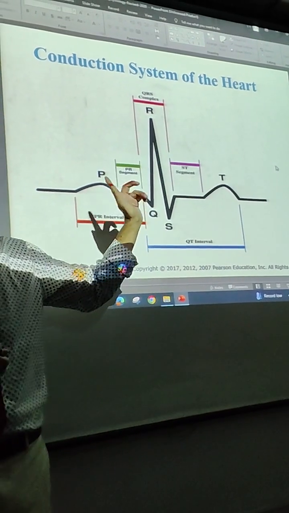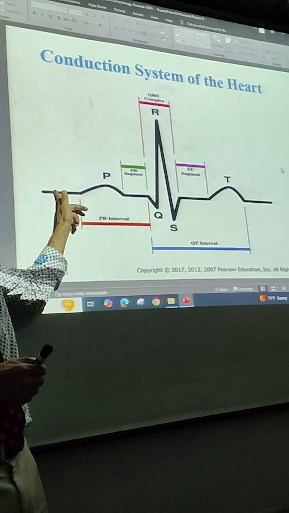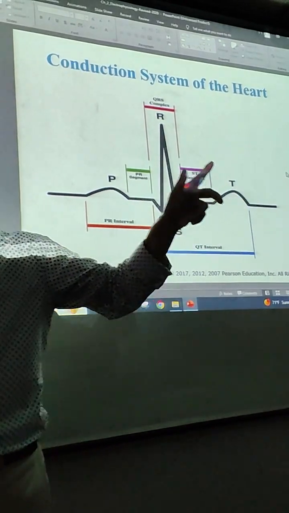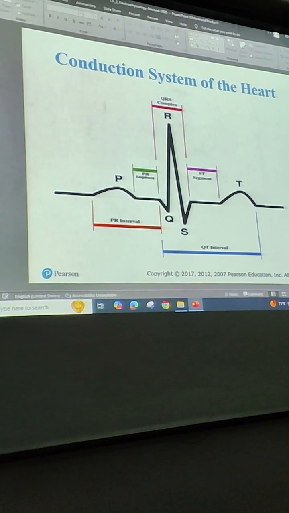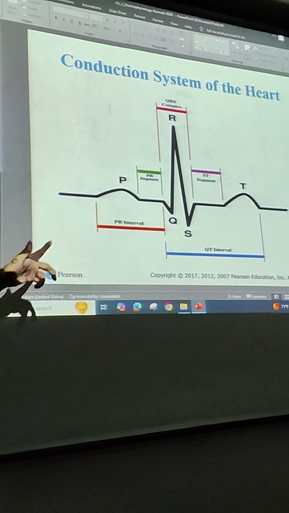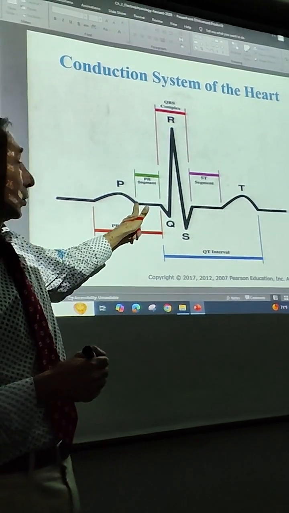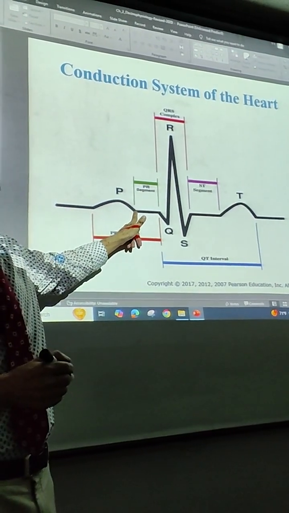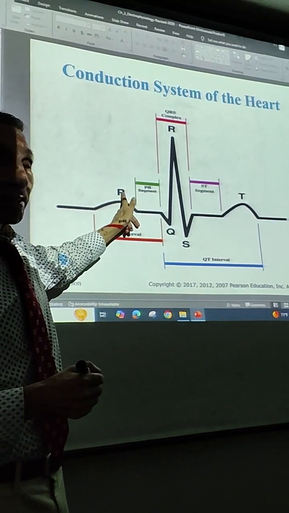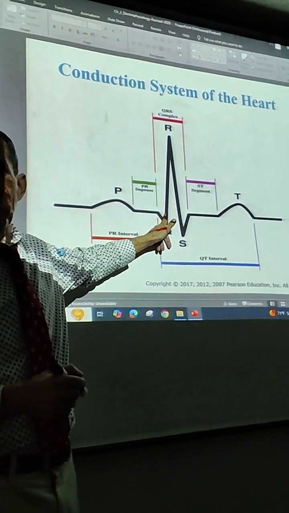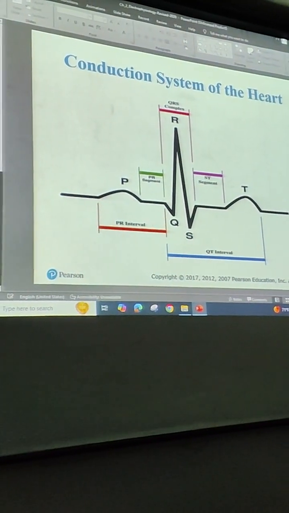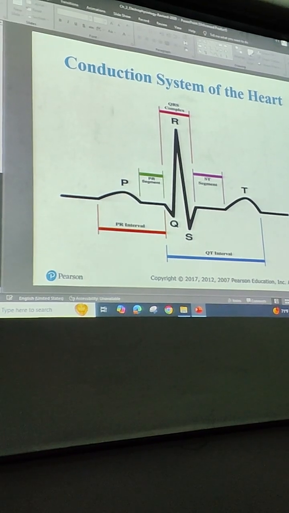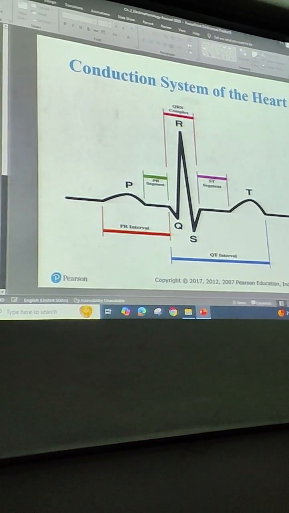It is the time, because this isoelectric line, or baseline, measures time. Later on, we're going to see that. It is the time in between the contraction of the atria and the contraction of the ventricles. See? If we put it together, it makes sense, right?